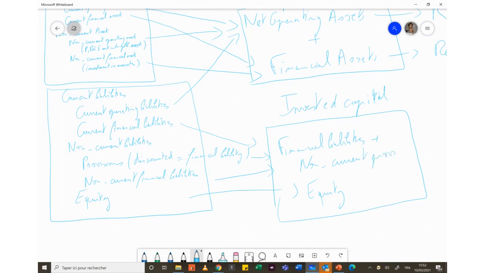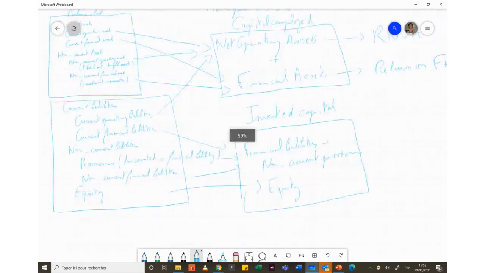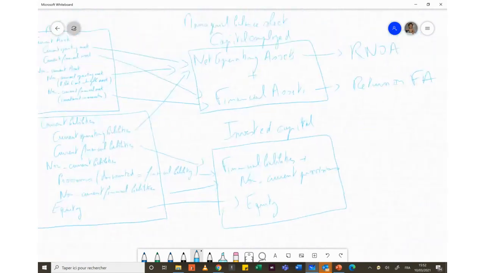Because the short-term provisions are not discounted. So the short-term provisions can be inside the current operating liabilities in minus. So this is a traditional presentation of the managerial balance sheet.